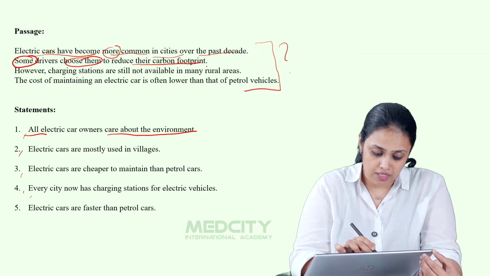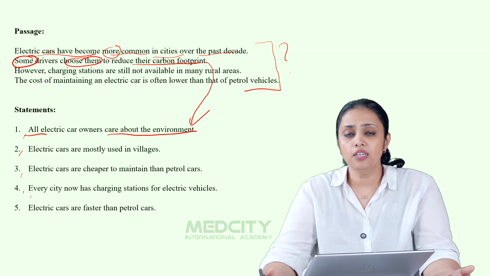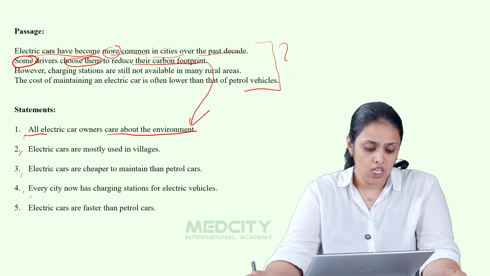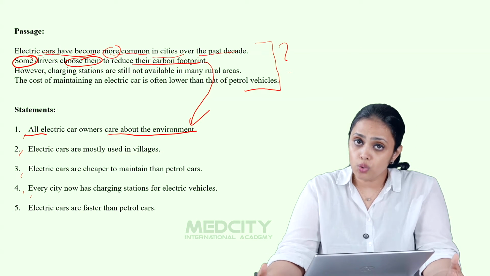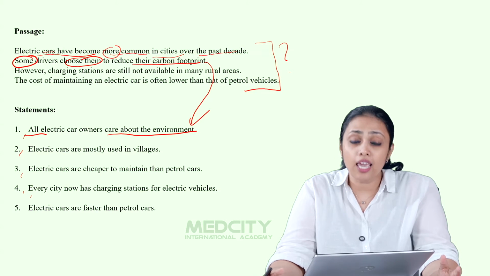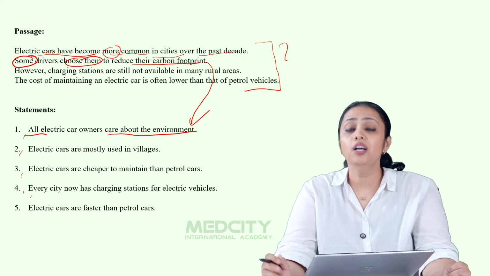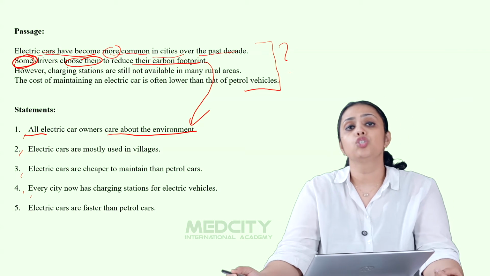Carbon footprint is an environmental issue caused by the carbon emission from vehicles. So the writer claims that some drivers choose electric vehicles because they care about carbon emission and the environment. That is why some drivers choose them.